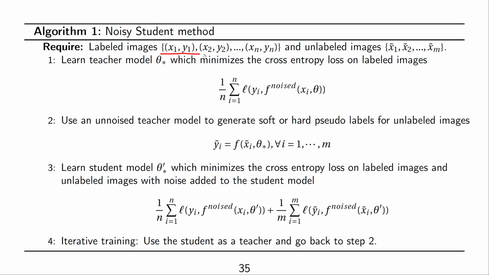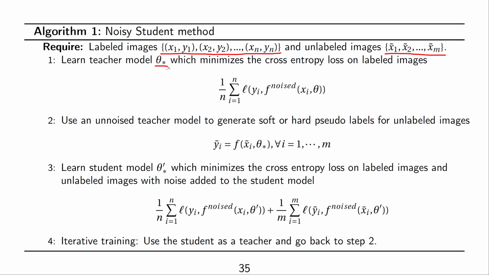We have a set of labeled images, and this set of labeled images is pretty large. So let's say this is ImageNet, and then we have another set of unlabeled images, and this is even larger, let's say a few 100 million images, something that Google and Facebook have.